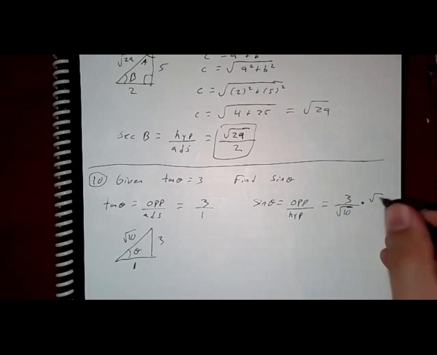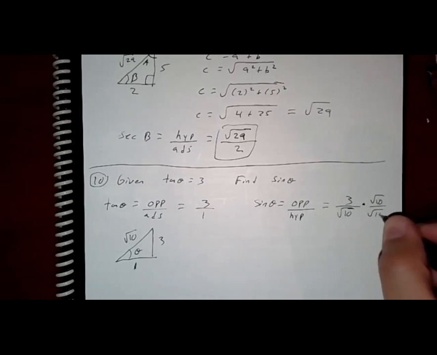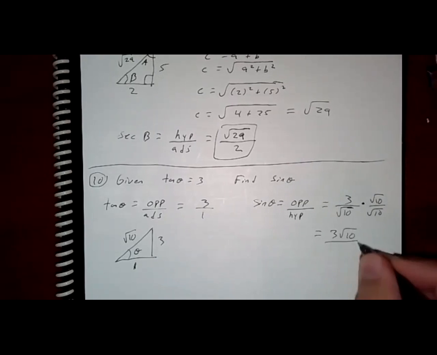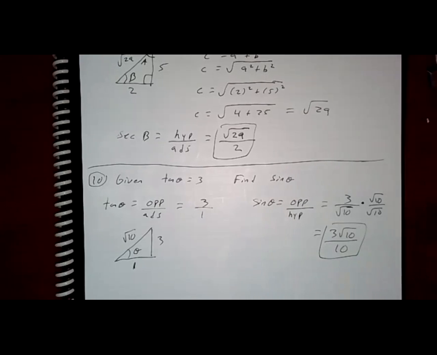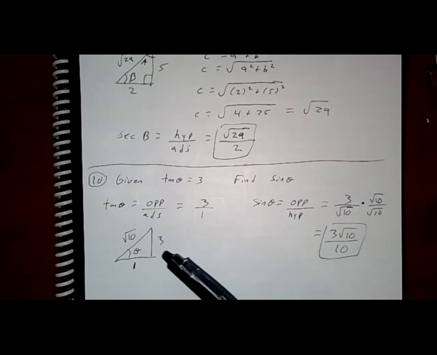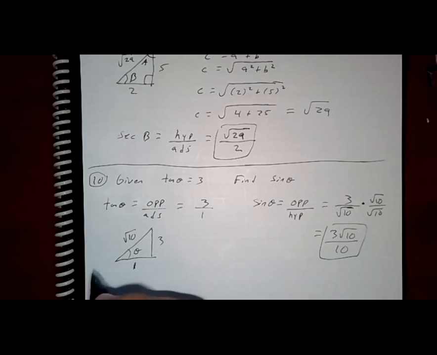We must rationalize by multiplying top and bottom by root 10, which gives us the answer. The answer is C. Given tangent, you're able to draw your triangle, technically. Any questions on 10?